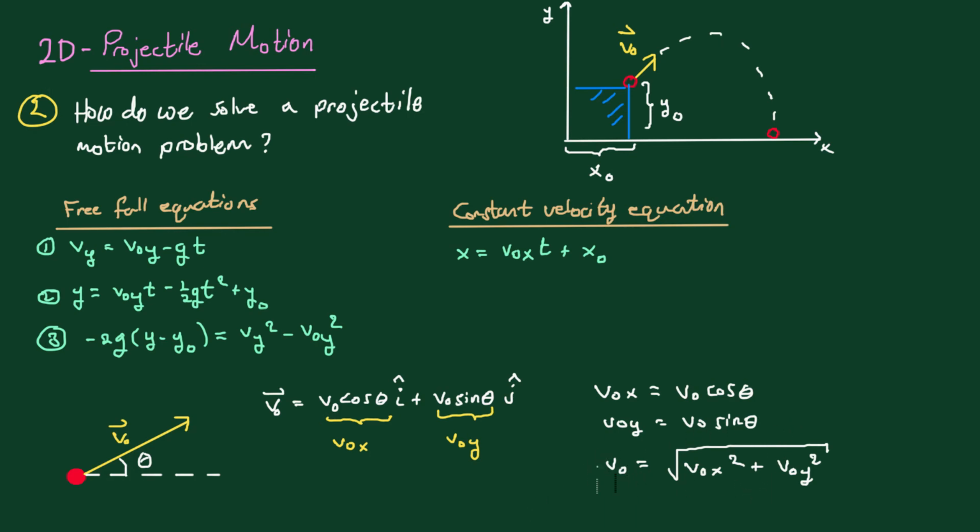Now v0 is the speed at which the particle is launched. There's a difference between velocity and speed. Speed is the magnitude of the velocity. So you get the speed by taking the components of the velocity, squaring them, adding them, and then taking the square root. This will provide you the speed in the theta direction that the particle was launched.